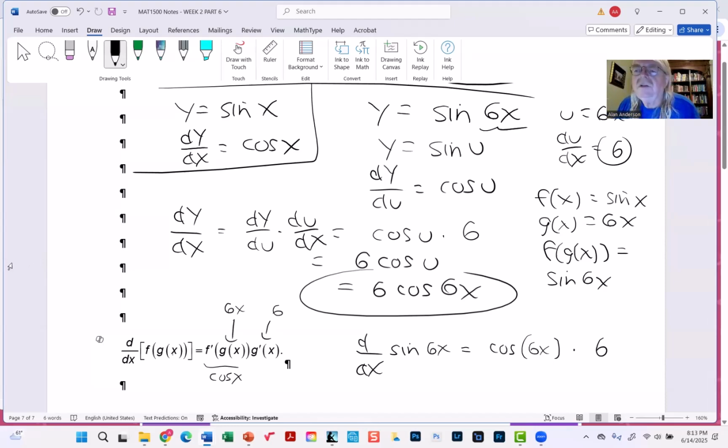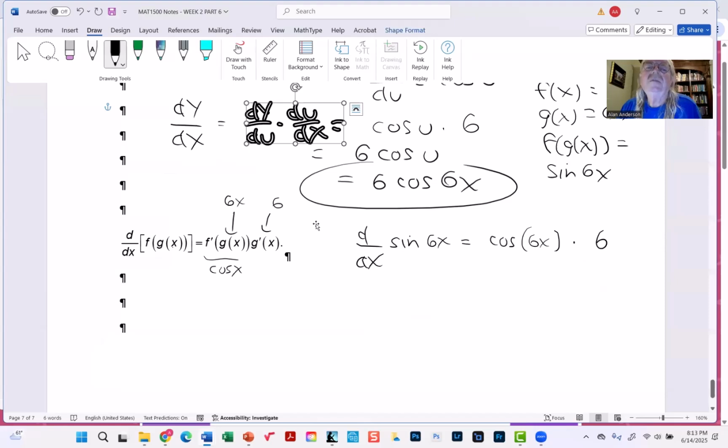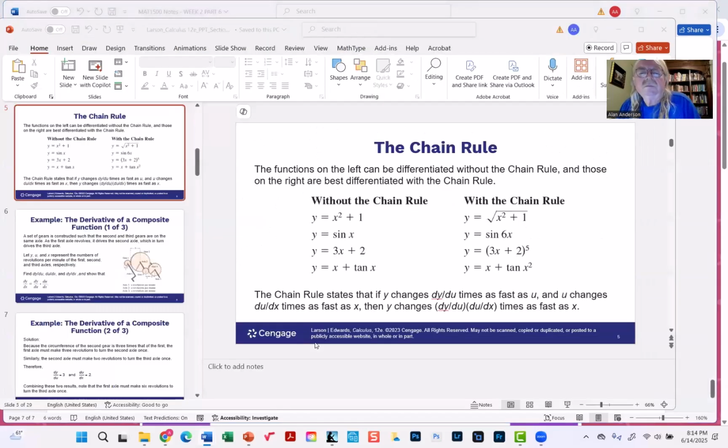Okay, so you can use either approach. I don't know about you, but I like the dy dx part, I mean the du dx over here. I just find that it's simpler. But it's up to you to decide which type of notation you want to use.